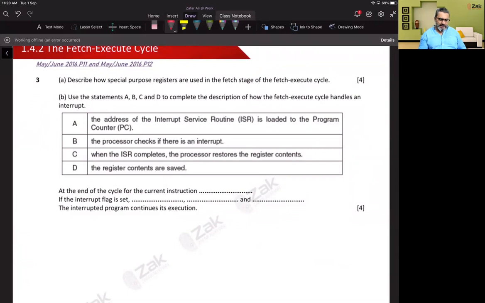Use the statements A, B, C, and D to complete the description of how the fetch execute cycle handles an interrupt. So the processor checks if there is any interrupt.